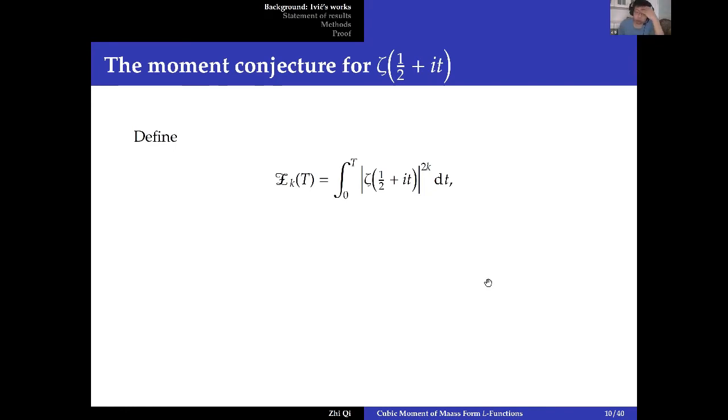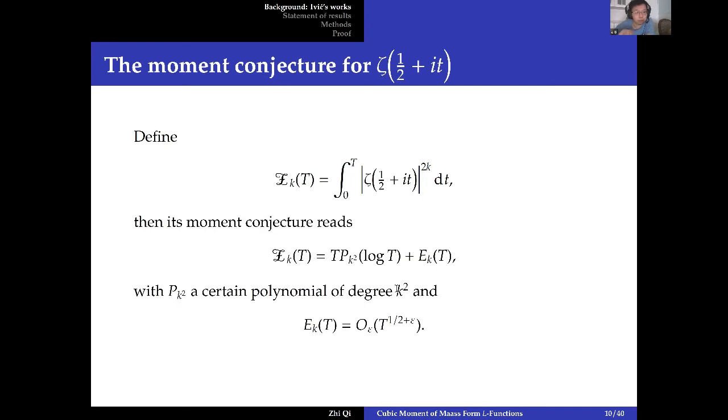And if you recall earlier, in our case, the 2k-th moment, there will be a 2k-th moment of the Riemann zeta function. Okay, of course there are some spectral weights here, some harmonic weights here, but you can ignore that. So let me take this as a very typical example.